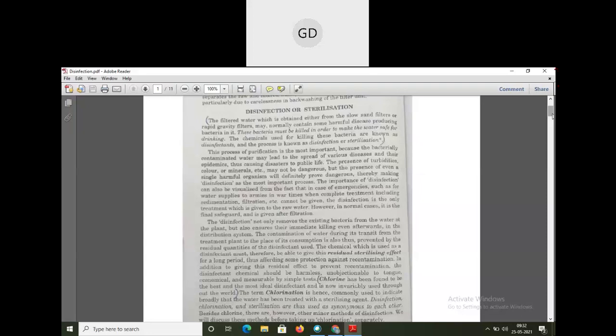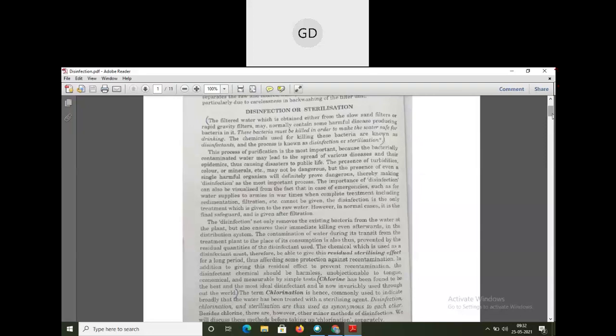And how can it be removed? It can be removed by the disinfection process. Also, in emergencies, like in armies, where the whole treatment process is not possible, the ultimate process is disinfection.